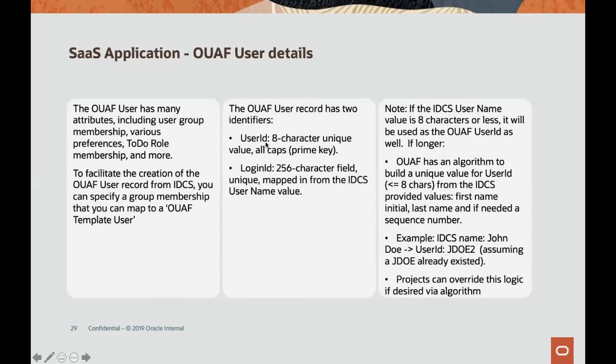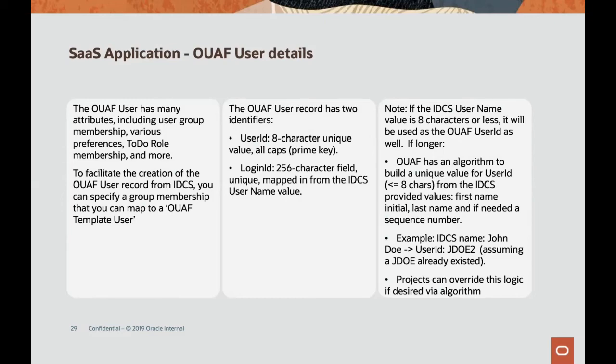One is a user ID, which is just a unique 8-character key. Then there's also a login ID value, which is a long field mapped in from the IDCS username or login. Basically, there is control within the system to create this 8-character user ID as a unique value.